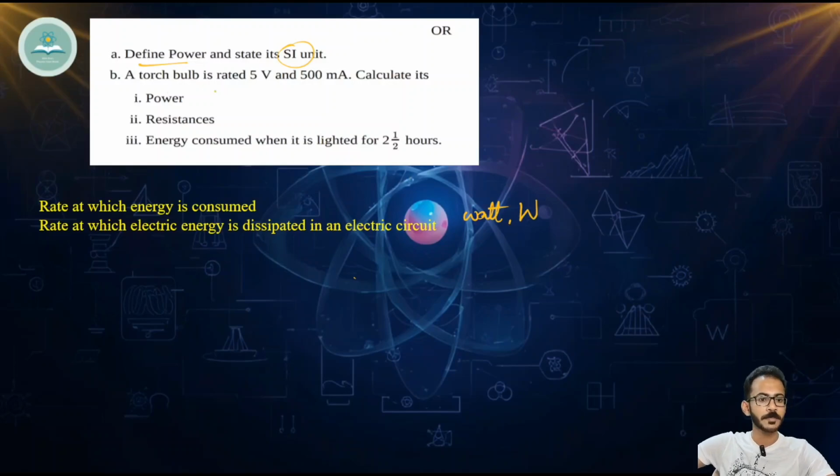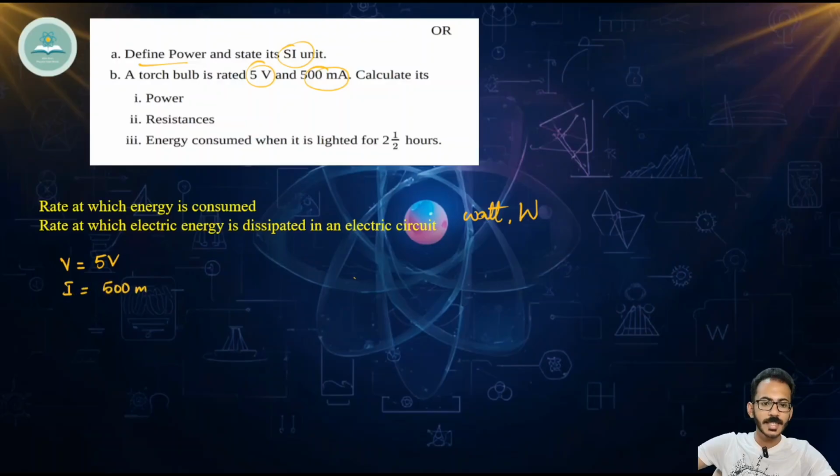Now going to the B part of the question, a torch bulb is rated 5 volt and 500 milliampere. So voltage and milliampere are given. The potential difference V is equal to 5 volt. And the current is given in milliampere, that is I is equal to 500 milliampere.